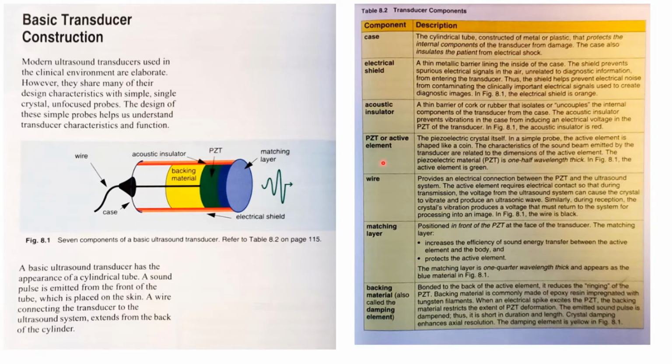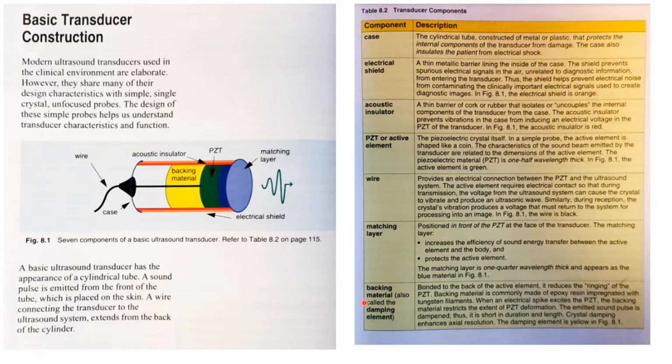The active element, the PZT, is here, and you have a wire taking this back to the computer system. You have the matching layer, which does impedance matching between the layers, and you further apply gel on this.